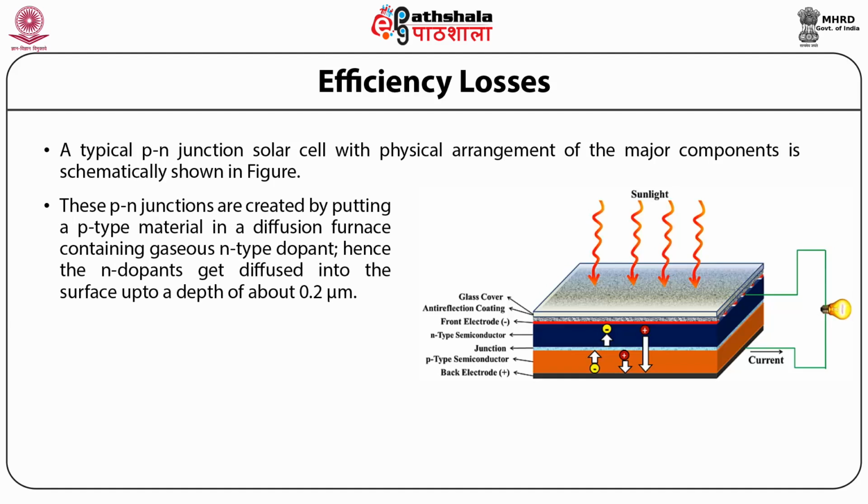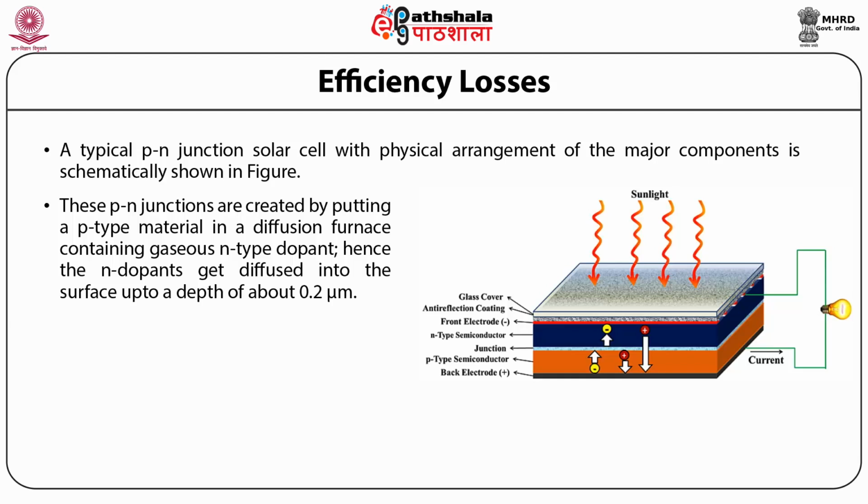These PN junctions are created by putting a P-type material in a diffusion furnace containing the gaseous N-type dopant. Hence, the N-type dopants get diffused into the surface up to a depth of about 0.2 microns.